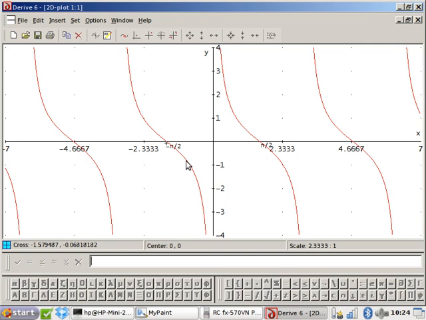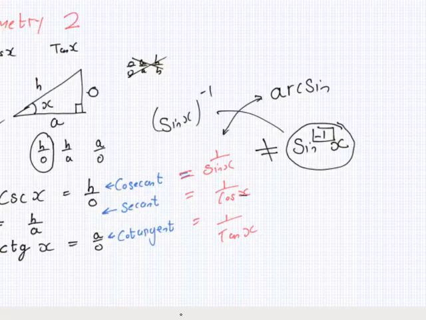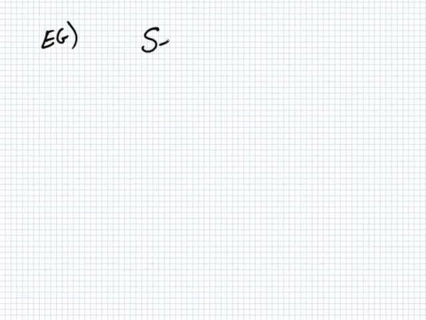Suppose I ask you to do something simple like calculate, let's say, the sec of 30 degrees, cosec of pi over 4, and let's say cot of 45 degrees.